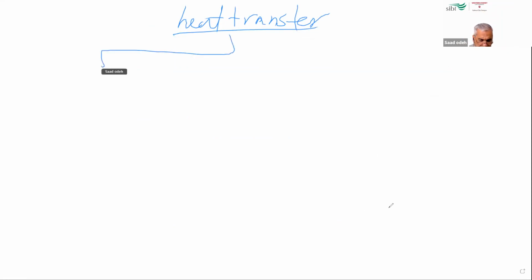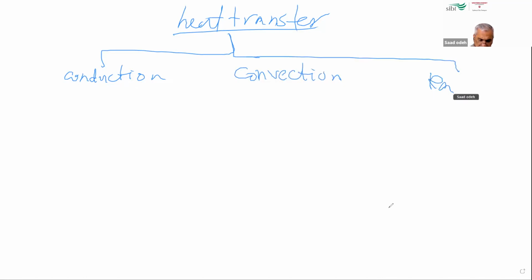Is it by conduction, by convection, or by radiation? This is the first question you ask yourself.